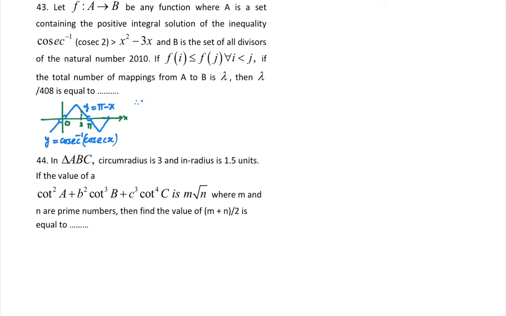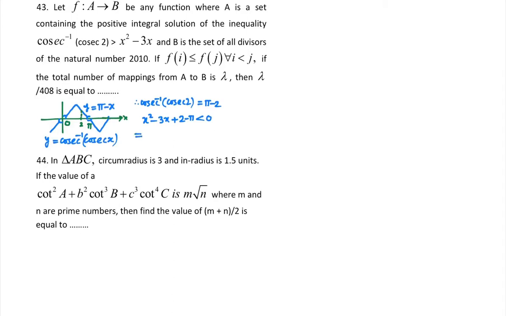Therefore, cosec inverse cosec 2 equal to pi minus 2. So knowing this, I can now solve the inequation, which becomes x square minus 3x plus 2 minus pi is less than 0, which can be solved by using the wavy curve method.